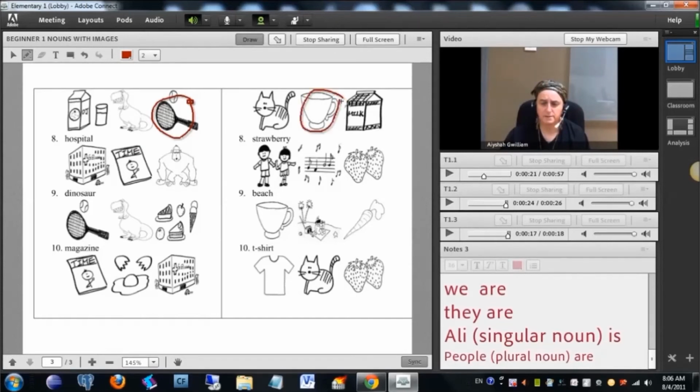Now, number 8, hospital. Dinosaur. Magazine. And strawberry. This is a strawberry. Beach. This is a beach. And number 10, t-shirt. This is a t-shirt.